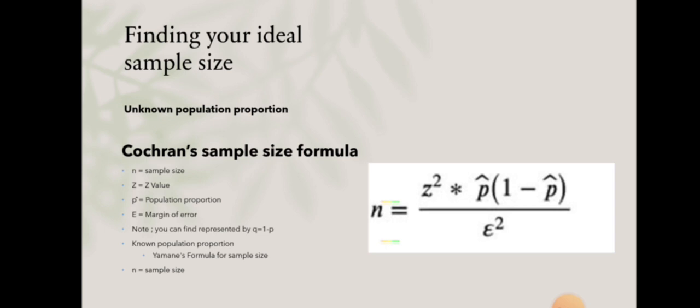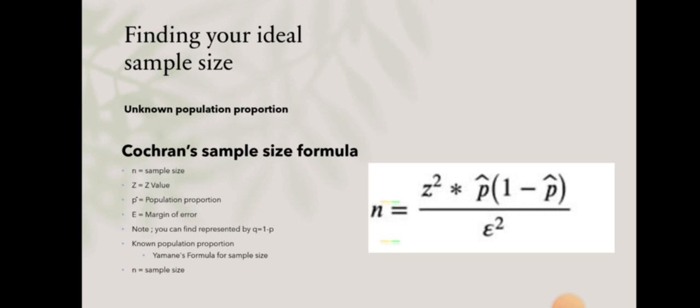Let us see the slide above with the two basic formulas. These two basic formulas are very important to determine the sample size in a population survey, for known populations and for unknown populations. For an unknown or infinite population, the proportion can be determined using the Cochran sample size formula.